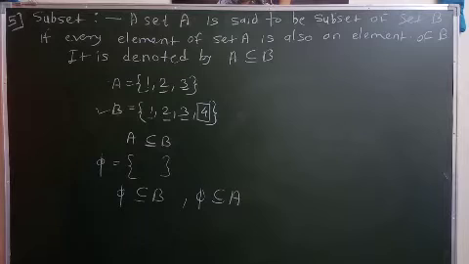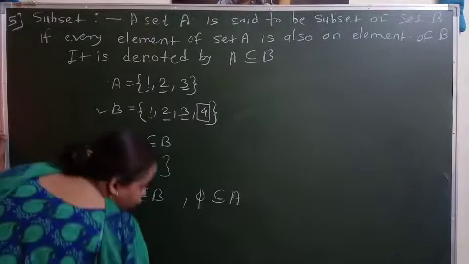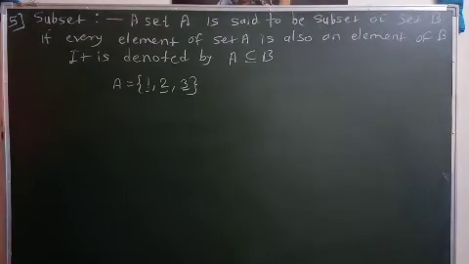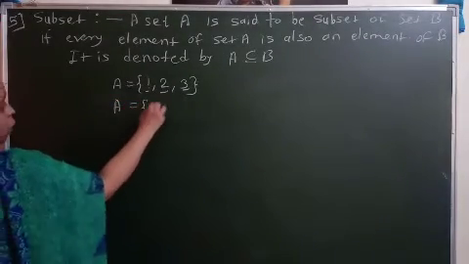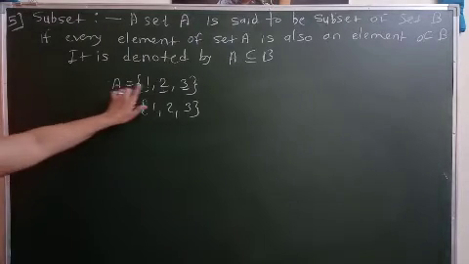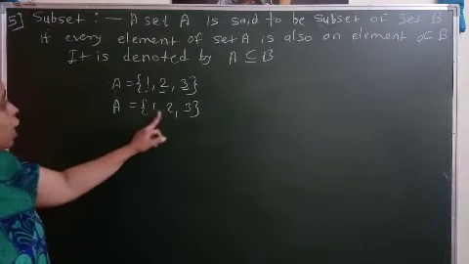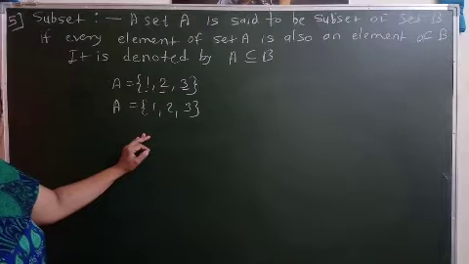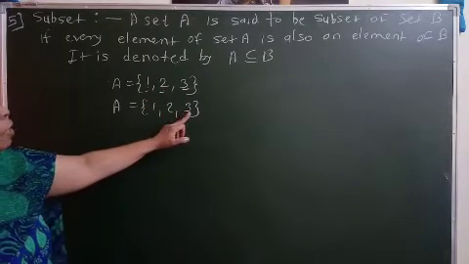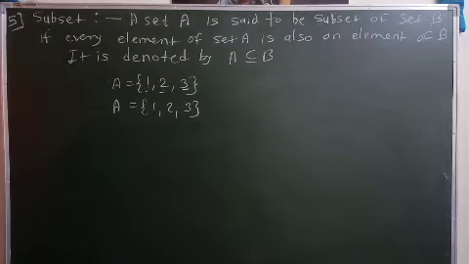Again, suppose this is set A. 1, 2, 3. Again, you can write 1, 2, 3. So every element of set A is an element of set A. Correct? प्रत्येक A मधला प्रत्येक नंबर, प्रत्येक एलिमेंट हा सेट A मध्ये आहे.